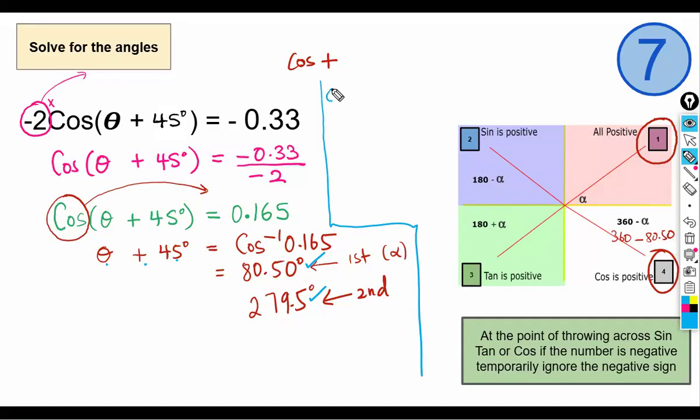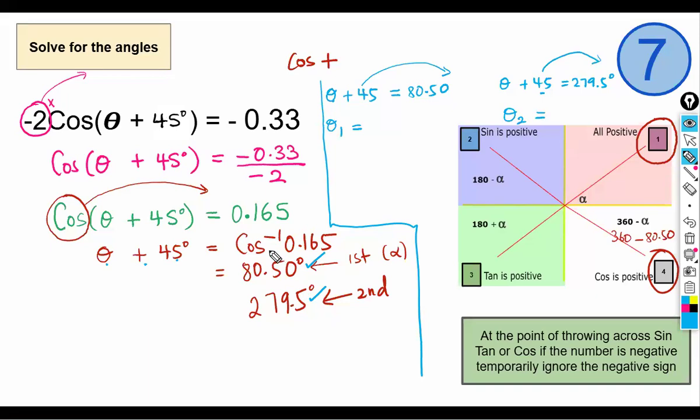That means theta plus 45 is equal to 80.50, and at the same time, theta plus 45 is equal to 279.5 degrees. Could you all solve for theta here and theta here? For both of them, you have to throw across the positive 45 to get minus 45. And only when you solve for theta do you get the final answers for theta 1 and theta 2.